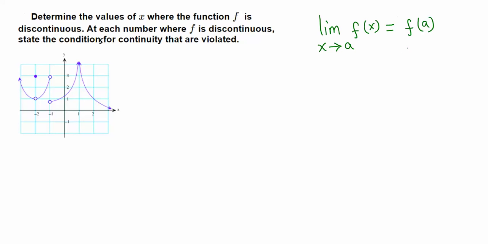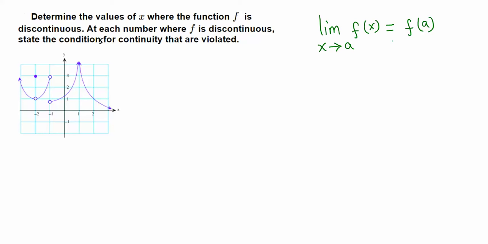If this is true, then we say the function f is continuous at a. The limit should exist, the function value should also exist, and the function value at a should be equal to the limit of the function as x approaches a. This is also called the limit value of f at a.